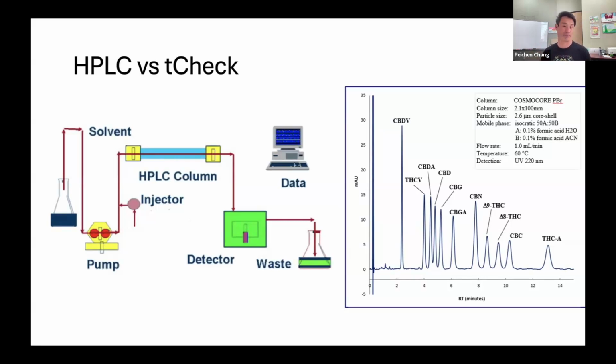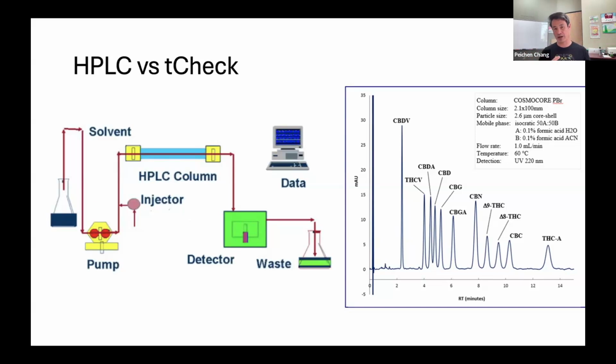Now, the detector simply counts the number of things getting flung off of the HPLC column, or flung off the merry-go-round. The detector cannot differentiate what it is. The column does that. The detector counts how many. So the detector tells you how big the spike is in that graph, and the column tells you where the spike is.